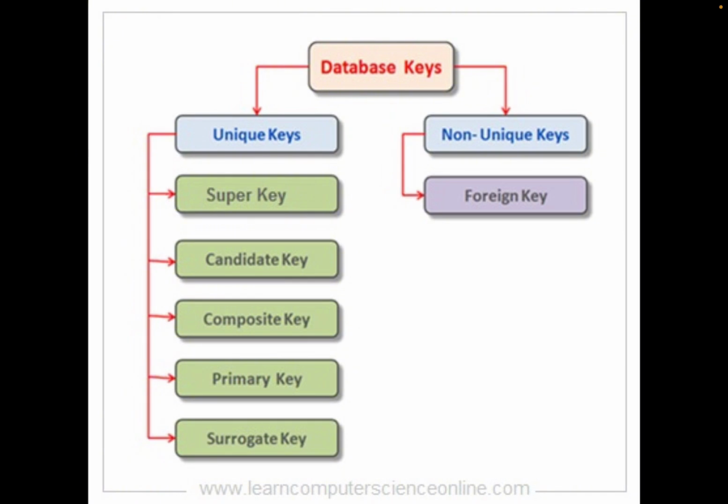So what is an alternate key? An alternate key is nothing but a candidate key which is not chosen to be the primary key. For example, you have an employee table and you have an email and a username.